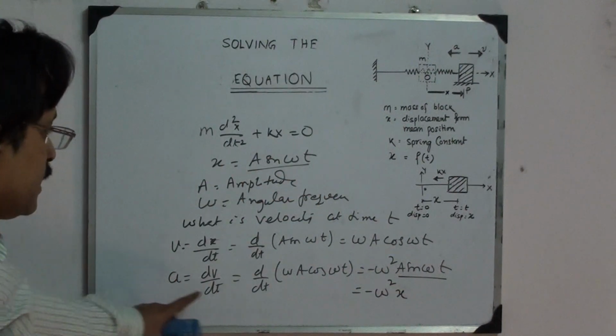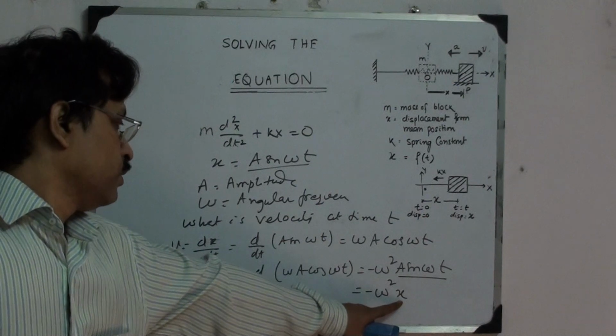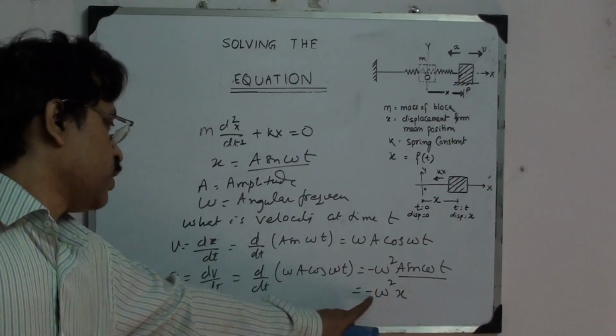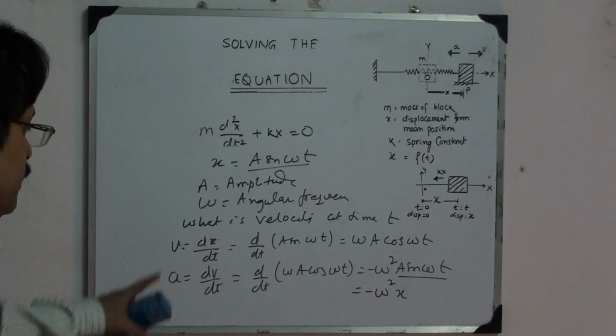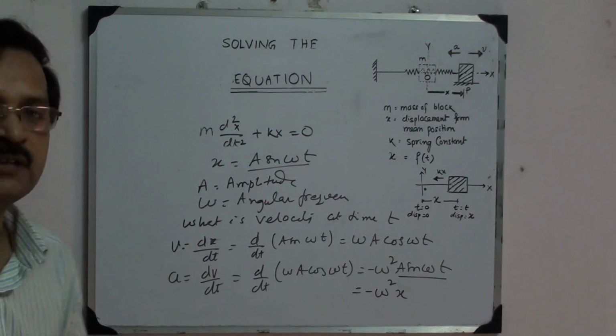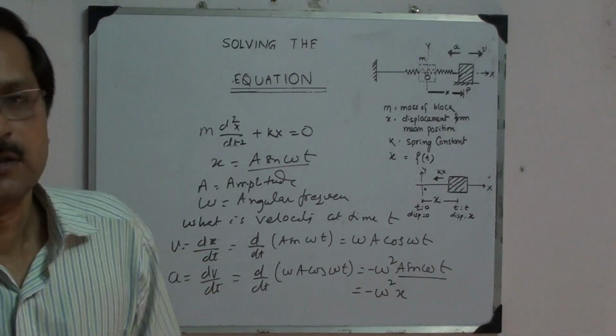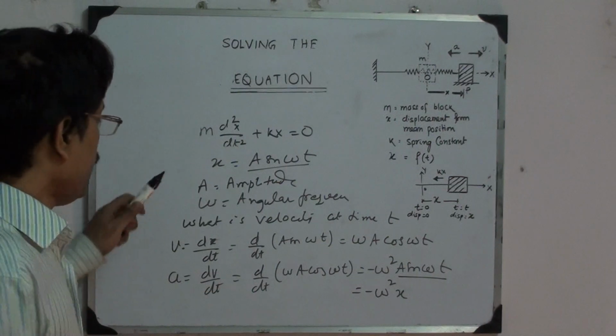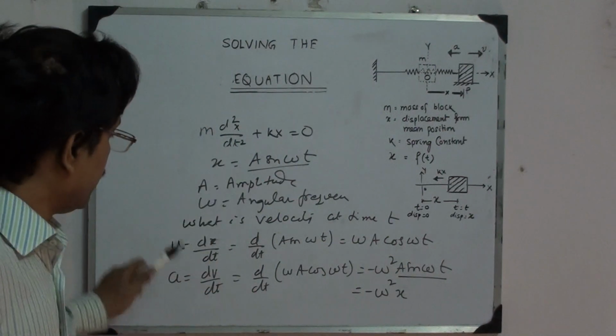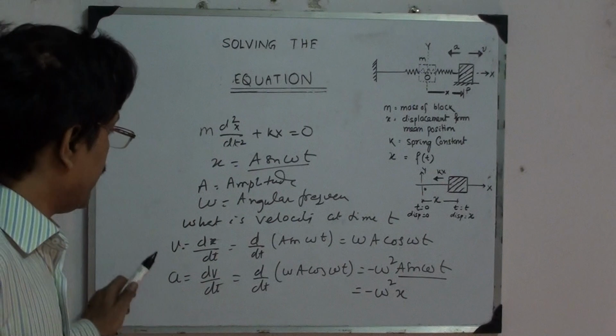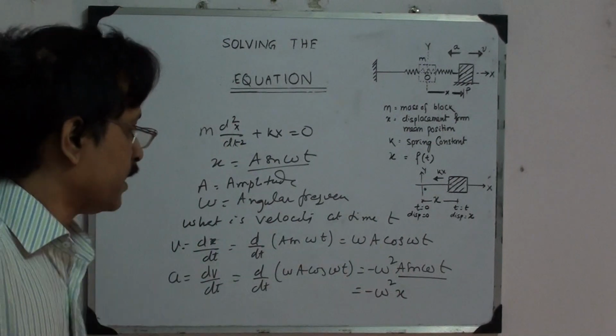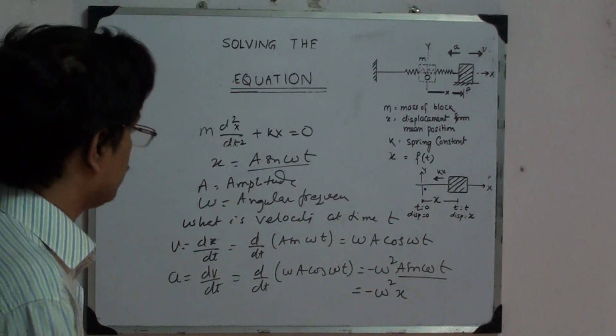Please see that acceleration is also proportional to displacement but opposite to displacement. These are the three important results of SHM: x is equal to a sin omega t, v is equal to omega a cos omega t, a is equal to minus omega square a sin omega t, which is equal to minus omega square x.